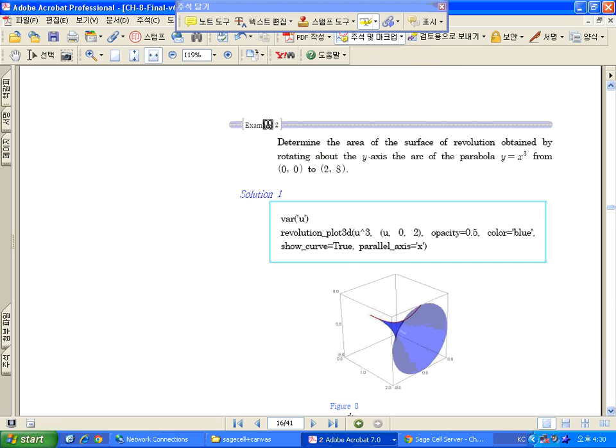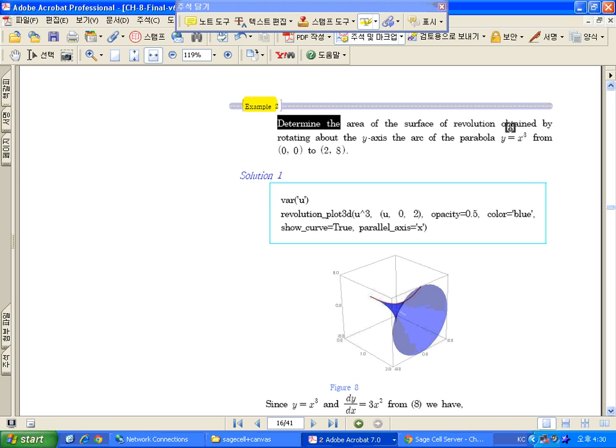For the second example, determine the area of the surface of revolution obtained by rotating about the y-axis the arc of the parabola y equals x cubed from the origin to 8.